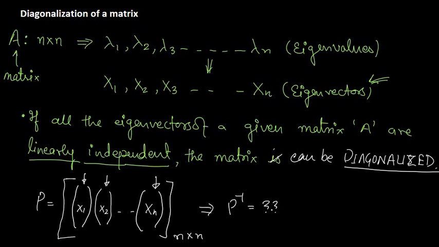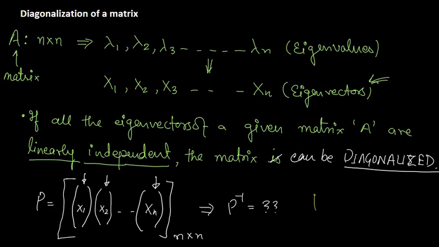So till now we have defined a matrix A, its eigenvalues, and its linearly independent eigenvectors. Then the matrix can be diagonalized, and we define a matrix P whose columns are the independent eigenvectors. Then we find the matrix P inverse.